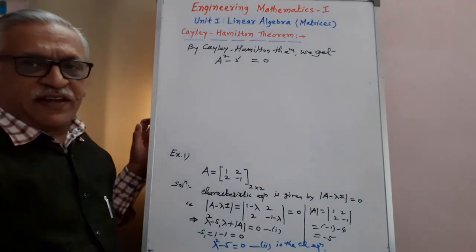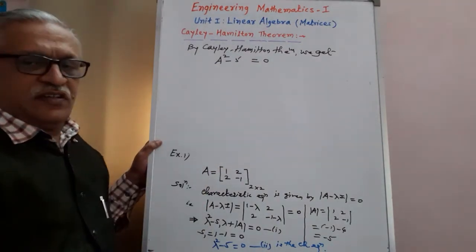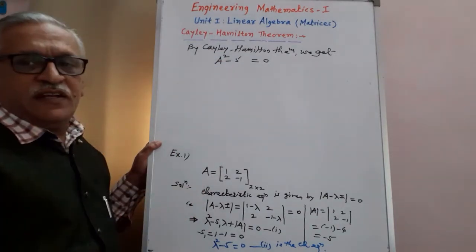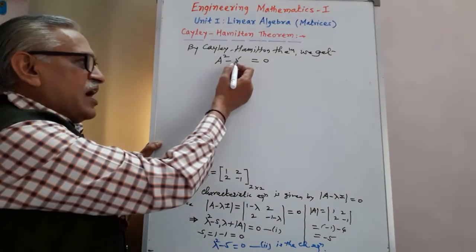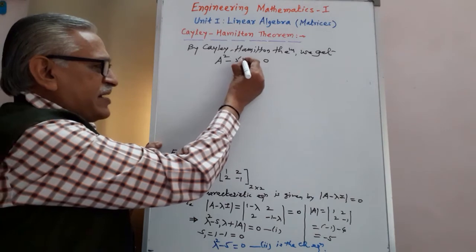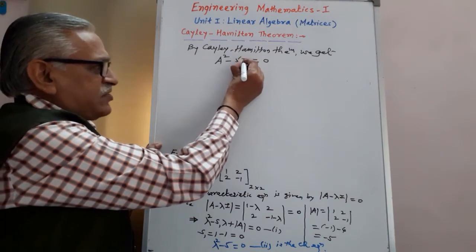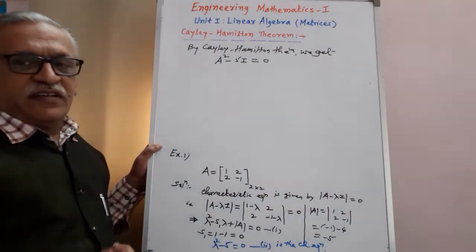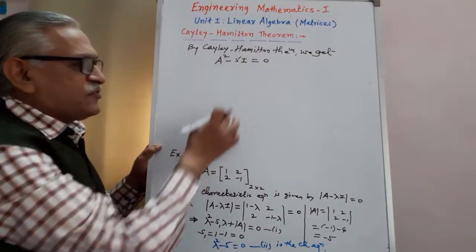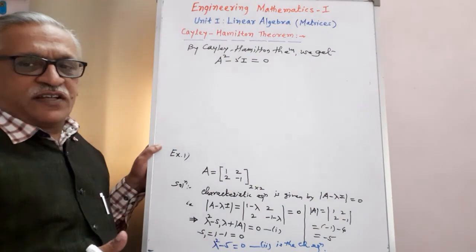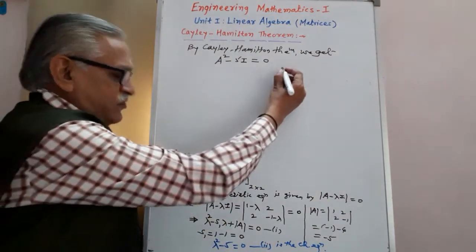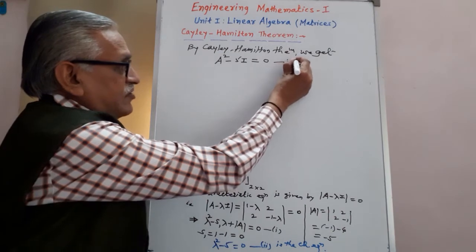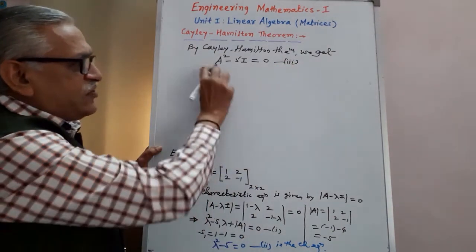Here A square is a matrix, 5 is a constant. Therefore, if you want subtraction, the second term must also be in matrix form, and therefore I convert this 5 into a matrix by multiplying it by the identity matrix, and we write it as 5I. Then only is matrix subtraction possible, otherwise subtraction is not possible. We call this equation number 3. And then we have to verify this.